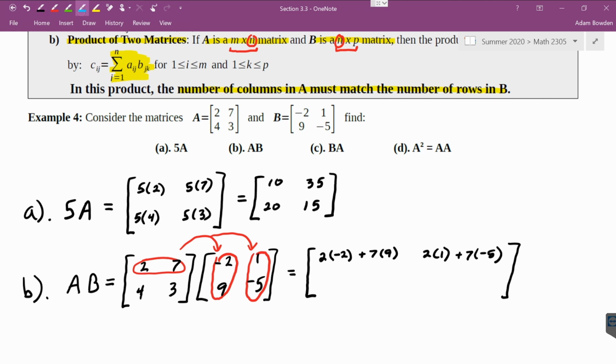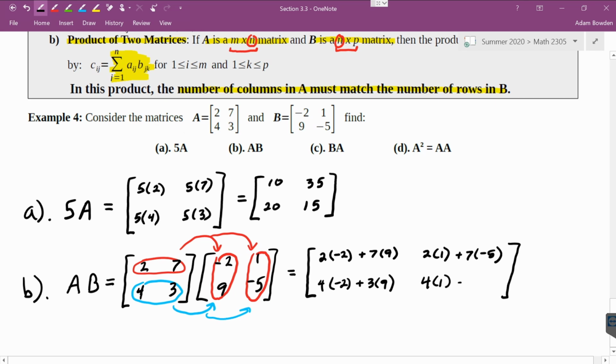Now after I'm done doing that, I'll take the second row and do the same thing, multiplying it times the first column, so we're going to multiply the 4 times negative 2 plus 3 times 9, and then we'll multiply the next one over. We'll take the 4, multiply it by the 1, plus the 3 times the negative 5.